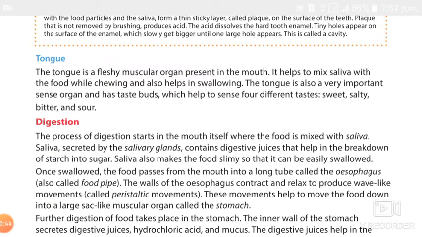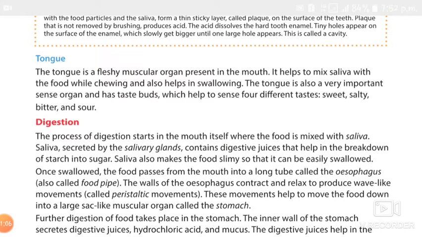So the esophagus has to move, to move the food through it. The wall of the esophagus contracts and relaxes, and this creates a wave-like movement called peristaltic movement.